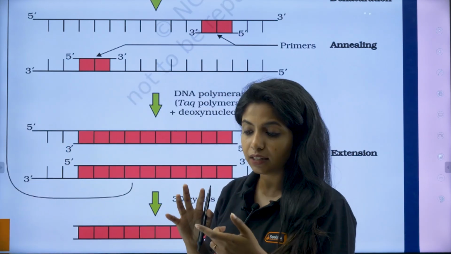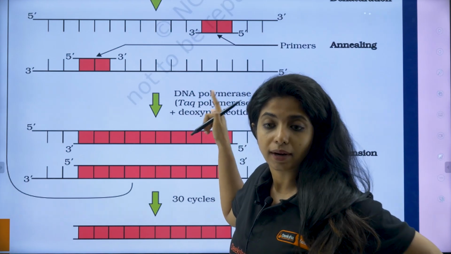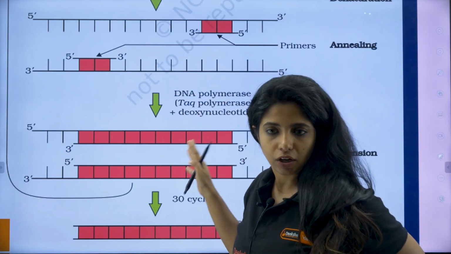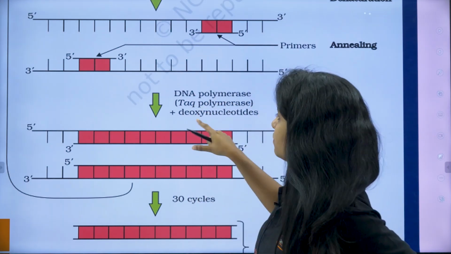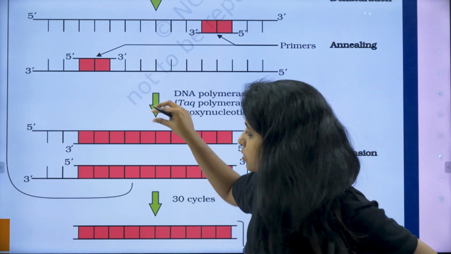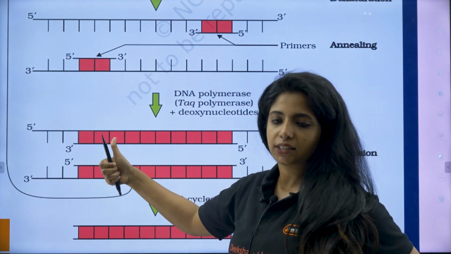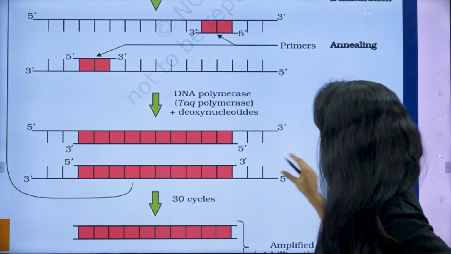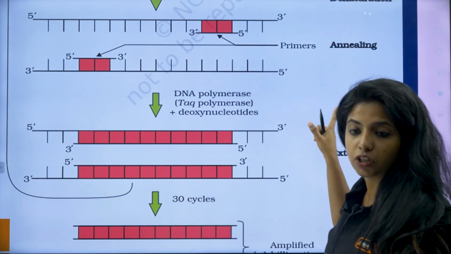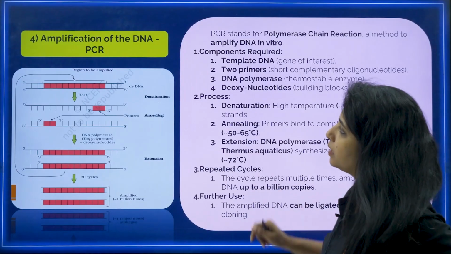So obviously the DNA polymerase has to survive over here, which is why we extracted it from Thermus aquaticus, a thermostable bacteria. Apart from that, you also need deoxynucleotides as substrate. So Taq polymerase and deoxynucleotides are needed, and now it is going to extend. This process is known as extension, and it can undergo many cycles to amplify the DNA.